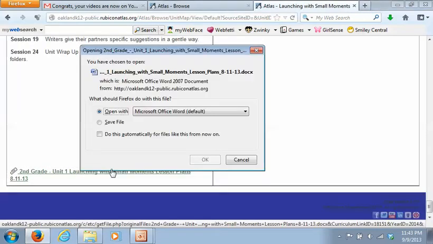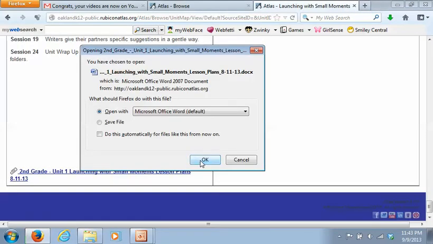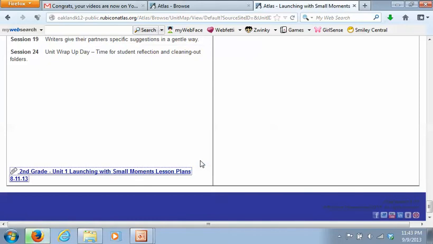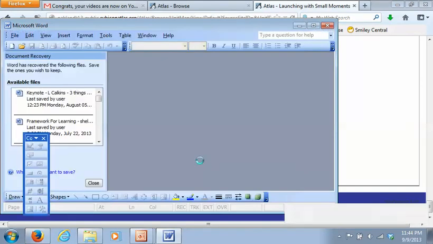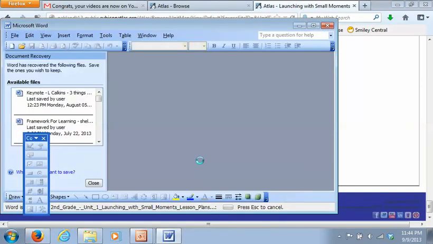And when we click on the lesson plans at the bottom of any of these units, a Word document opens and we have the specifics of how, again, a group of teachers have written and then another group of teachers have tried this type of instruction, and the tips and the things that you'll want to think about as you move through this type of a unit with your own students.